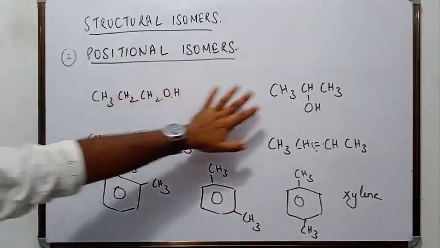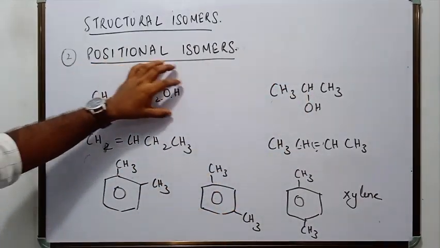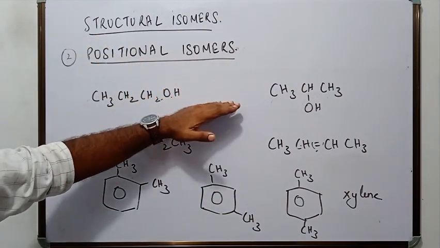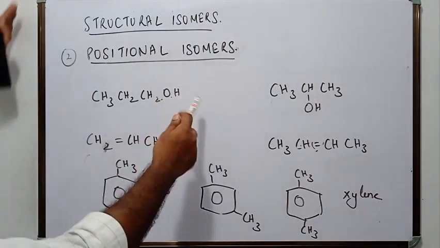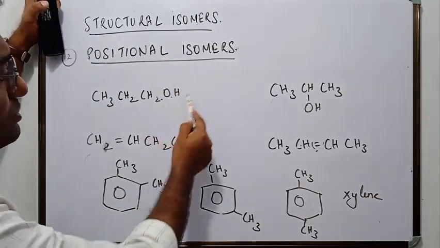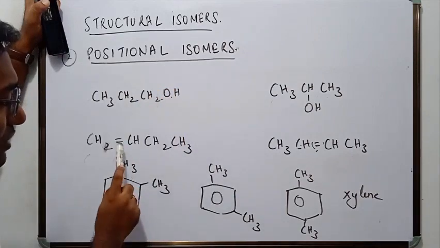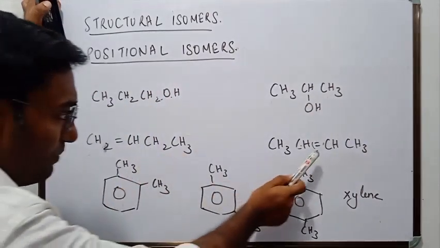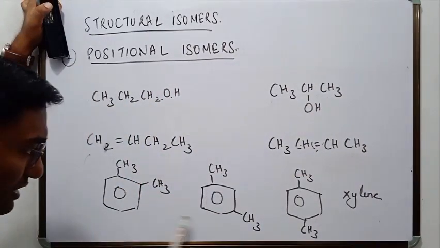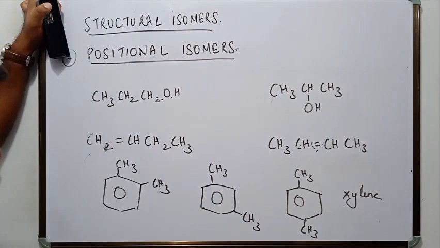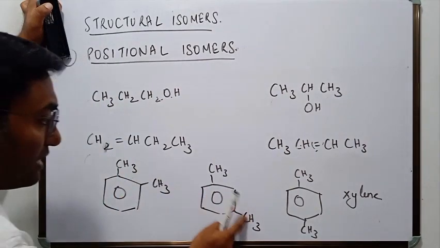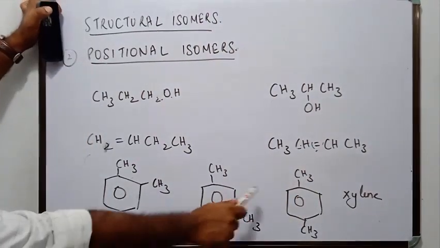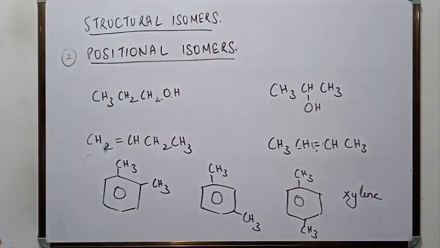So that makes it a positional isomer, because the only difference is that it differs in the position of the substituent group that is attached to carbon chain. Now here look at this, but-1-ene and but-2-ene. Here we have seen disubstituted benzene example. Here the isomers differ in the relative positions of the two functional groups that is attached to the benzene ring. So all these are examples of positional isomers.